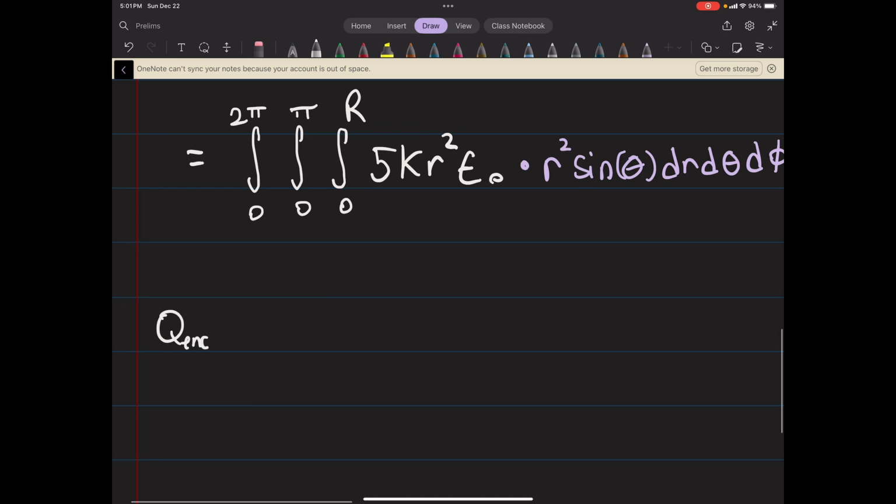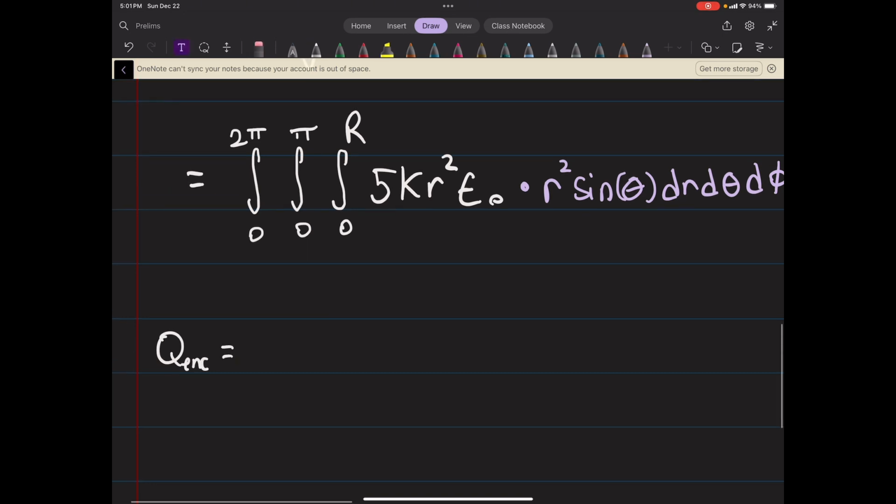So then for our enclosed charge, we can factor out the 5k and the epsilon naught because those are just constants. If we do our theta and phi integral, that's one that's been done a few times at this point, that's just 4 pi.